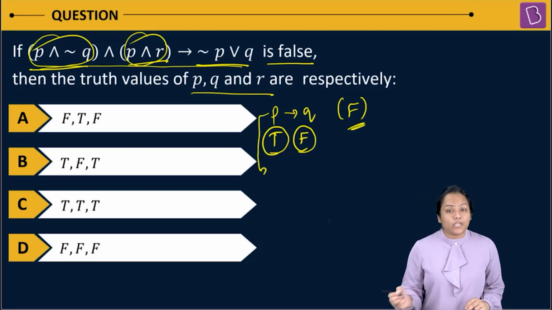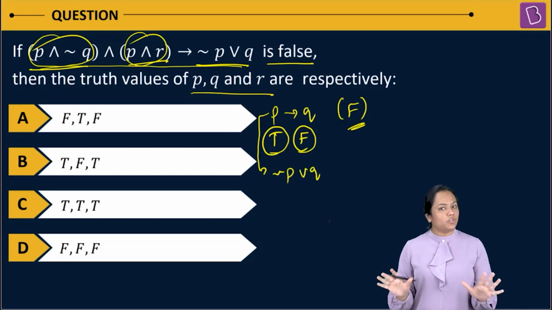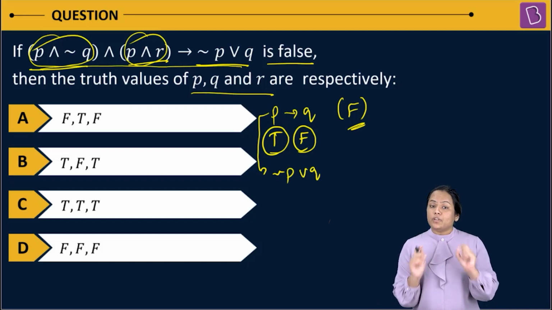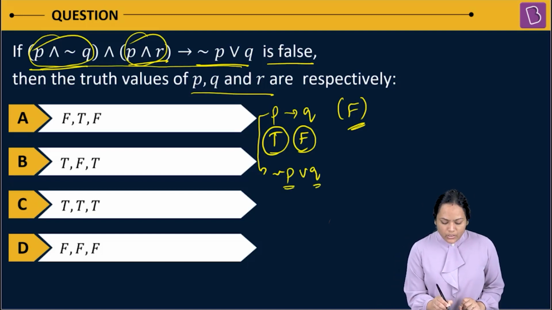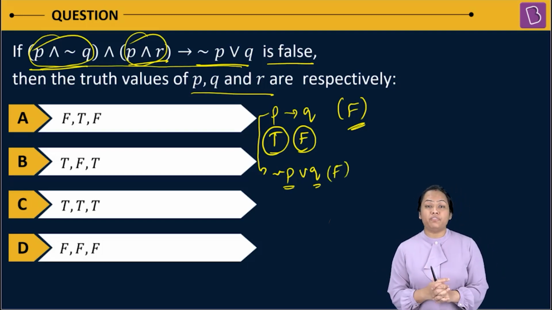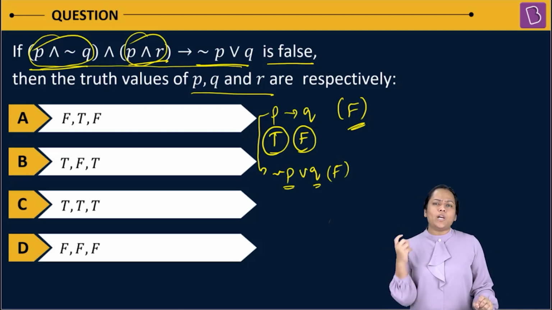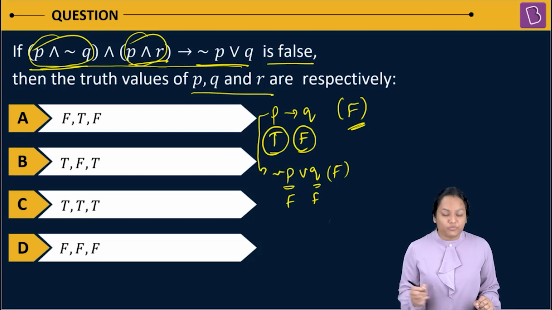P implies Q can be written as negation P or Q. This you know, right? Now you tell me, if I have negation P or Q as false, when does my or give me false? Or gives us false when both of the statements are false.